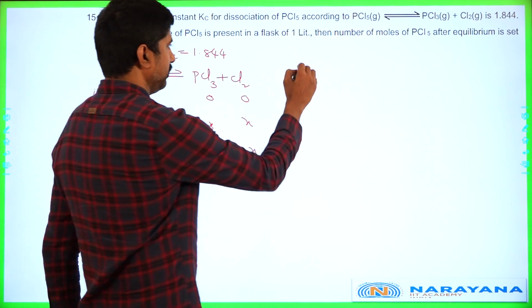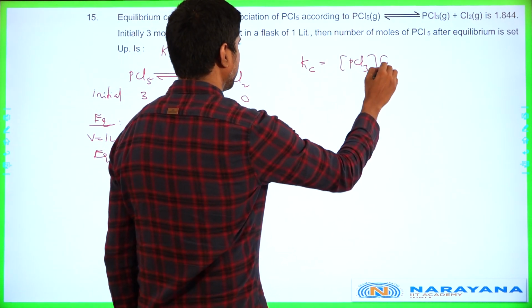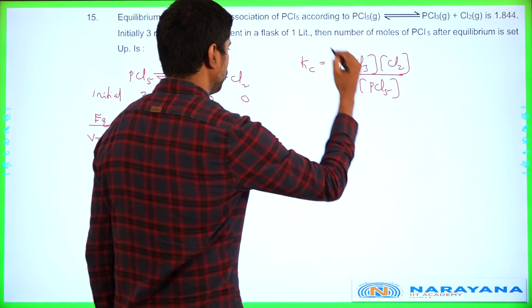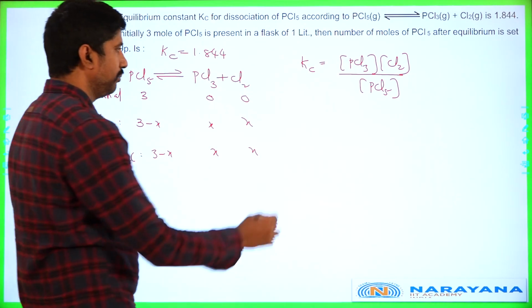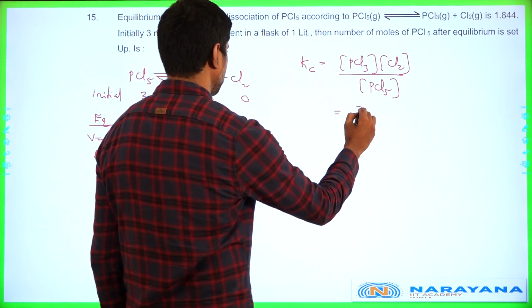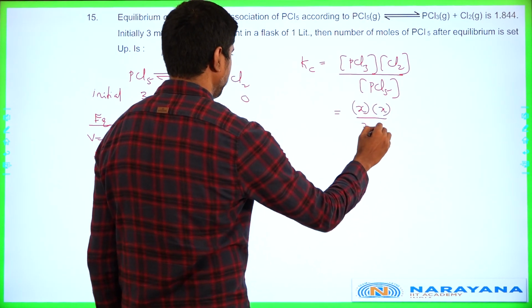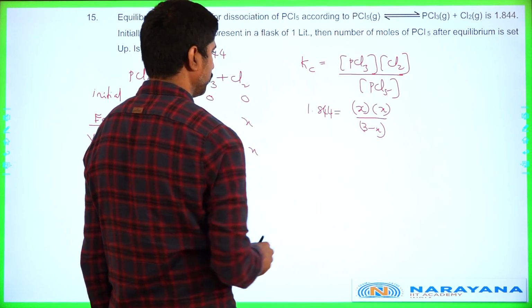So Kc for the equilibrium is PCl3 concentration into Cl2 concentration by PCl5 concentration. Substituting the values, x times x by 3 minus x, which is given as 1.844.